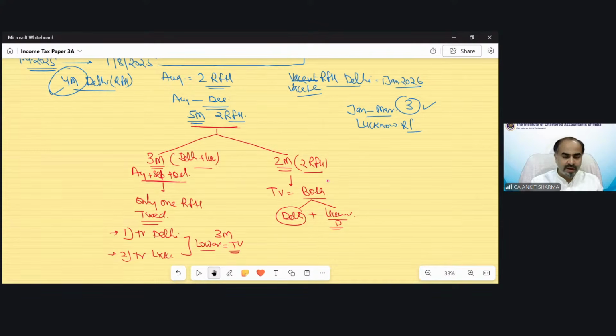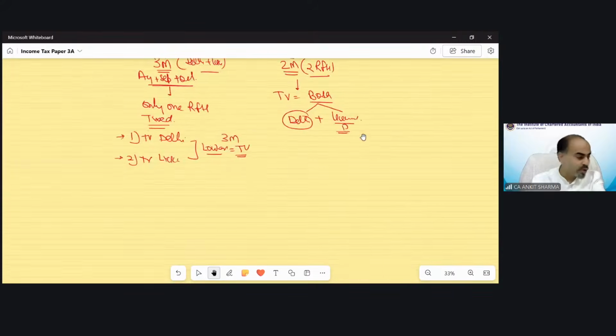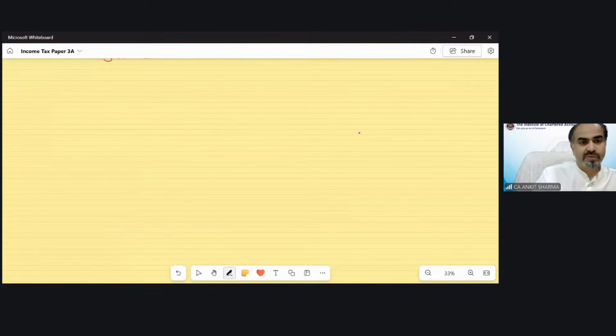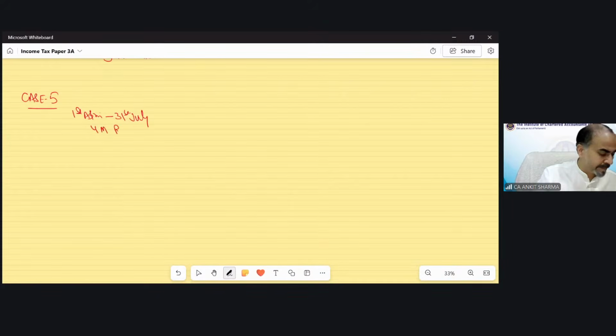So I told you there is no new calculation. The calculation is just the same. Let me give you an example of it so you would be able to understand that there is no new calculation. Already I have written this example for case number 5. So from 1st April to 31st of July, for these 4 months, the Delhi rent-free house is going to be taxed.